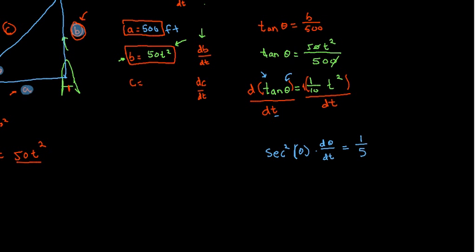So we want to know what d theta dt is, so we've got to solve for that. We're going to divide both sides by secant squared. So d theta dt is going to equal, and then let's see, I'm going to have a fraction. The t is definitely in the top.